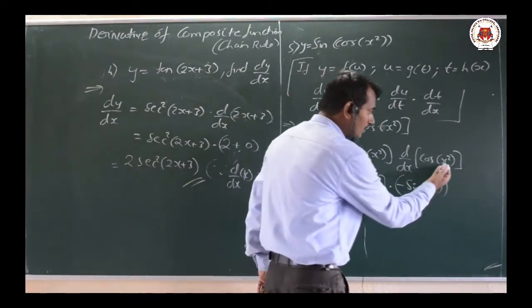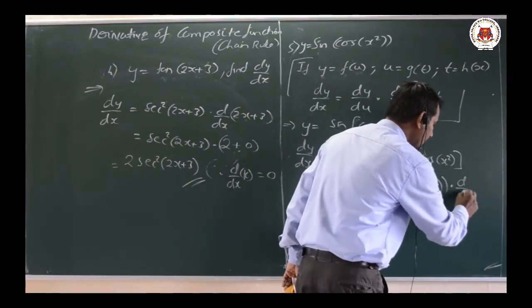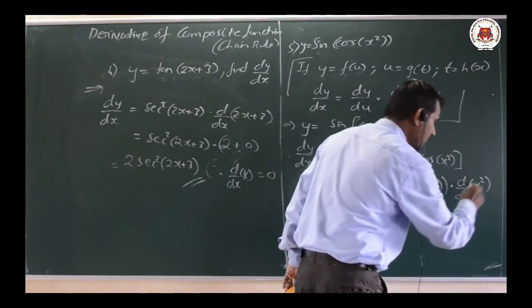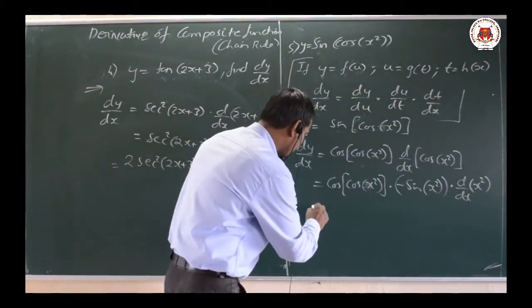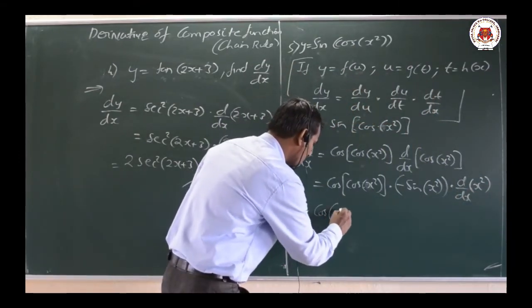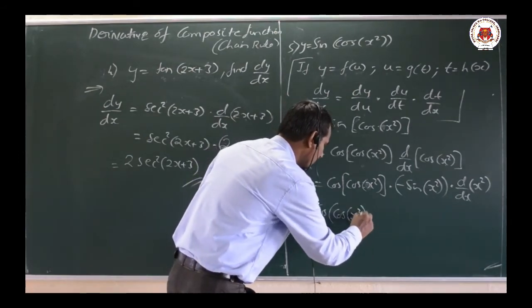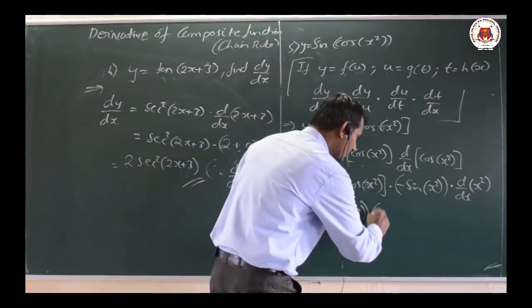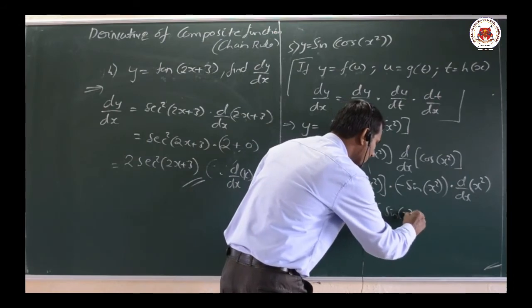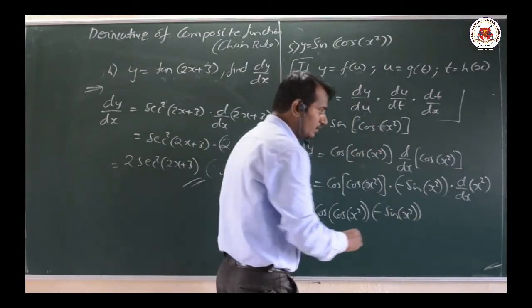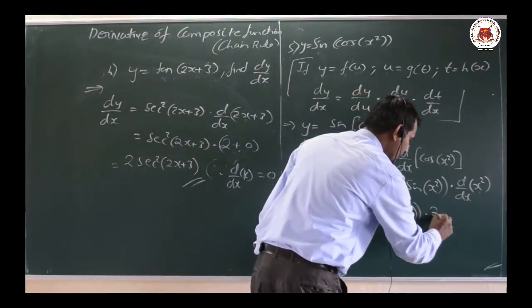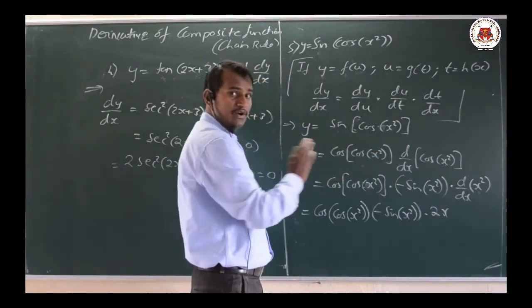into further differentiation of x square, d by dx of x square, we have to do here. Very, very simple. So what we get here is cos of x square into minus sin of x square, into the differentiation of x square, which becomes 2x. Now I will rewrite.